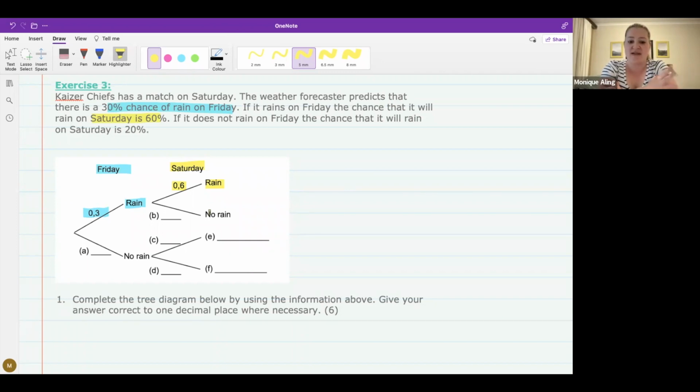So we're filling in all the decimals, rain, no rain. So remember, percentages are out of 100.